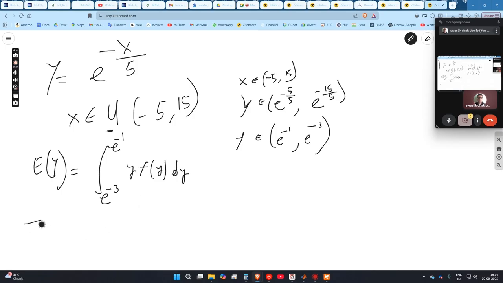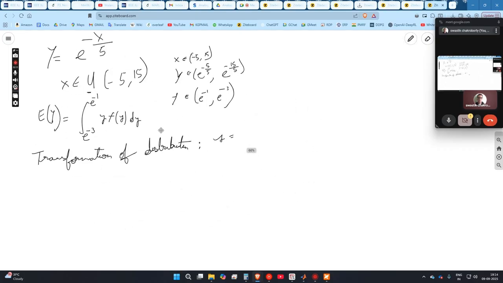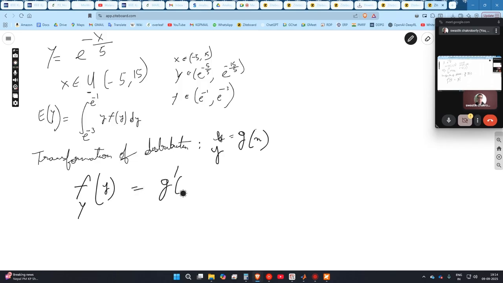Now, transformation of distributions says that if you have a distribution of a particular variable, then a function of that variable will be distributed as follows: say if y is equal to g(x), then f(y), that is the probability, is equal to g dash x.